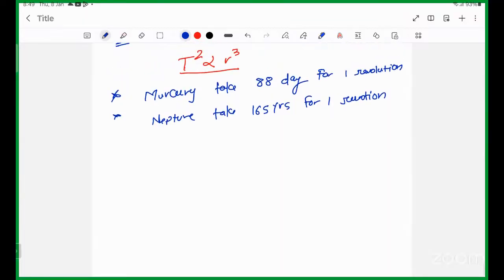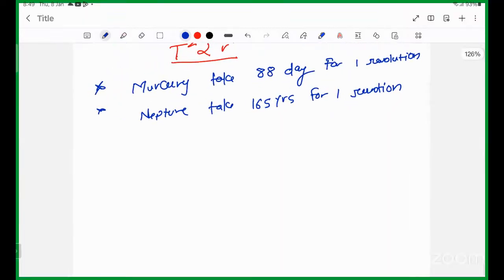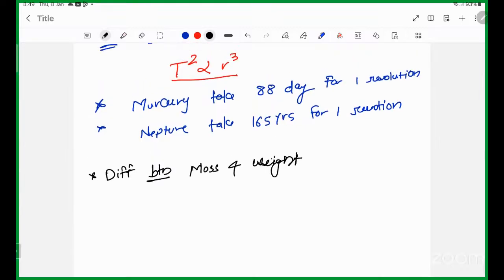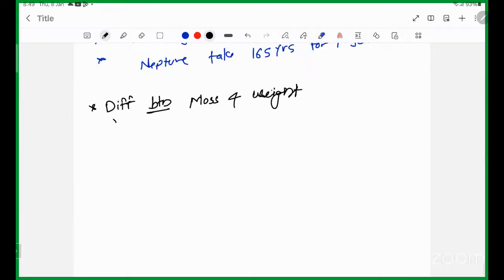Now we will study the difference between mass and weight, which we know a little about, but it is not that important. What is mass?